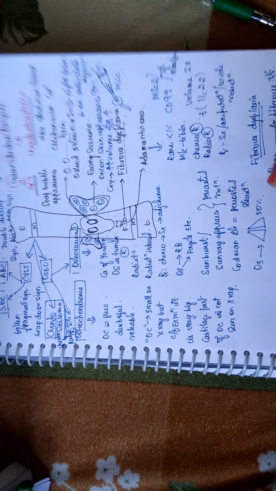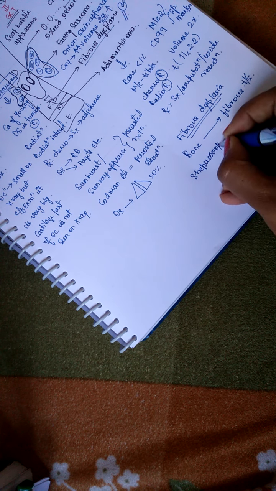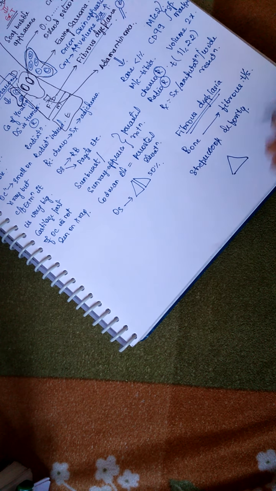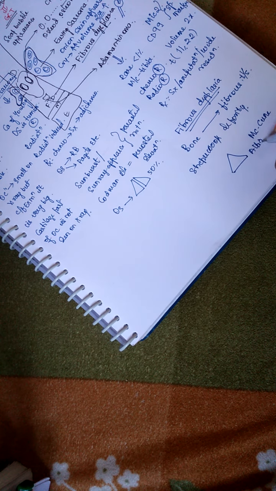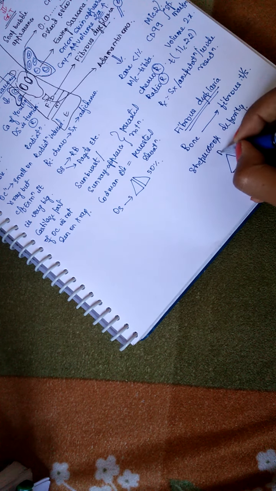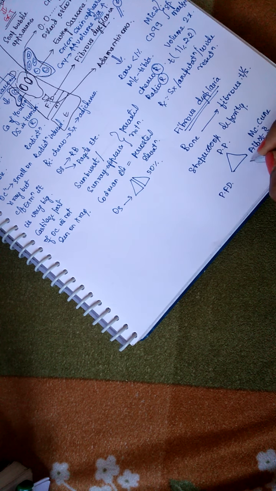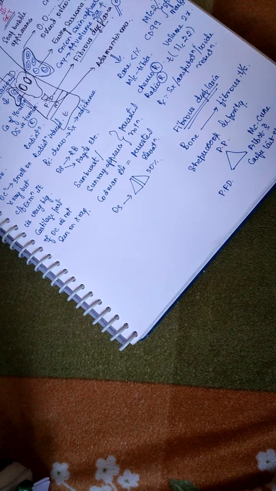The deformity associated with fibrous dysplasia is Shepherd's crook deformity. And it is associated with a syndrome with a triad, that is McCune-Albright syndrome. It is a triad of precocious puberty, polyostotic fibrous dysplasia and café-au-lait spots. This is all about fibrous dysplasia.